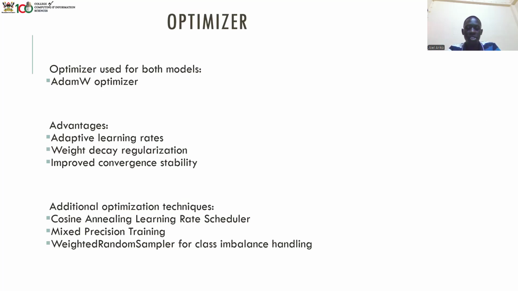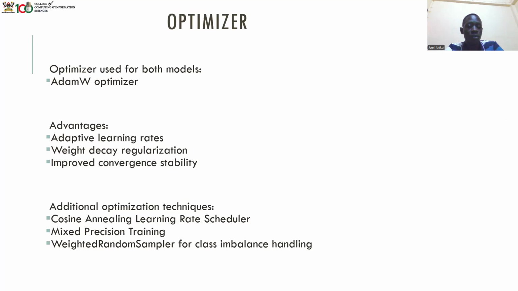Then we have mixed precision, a technique where computation can use either full precision or half precision. It helps us reduce GPU memory usage and also speeds up our training.